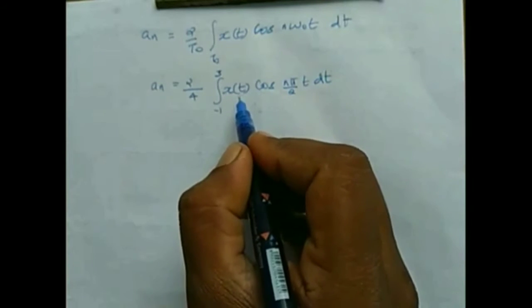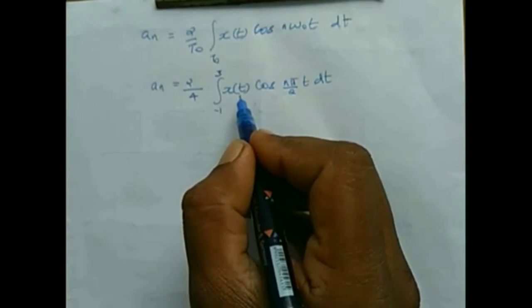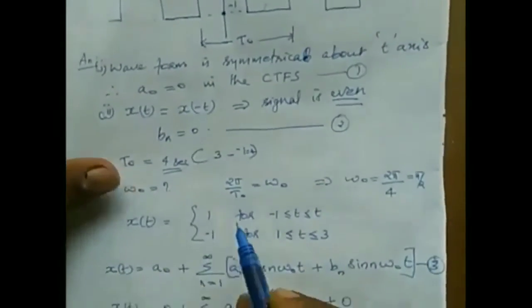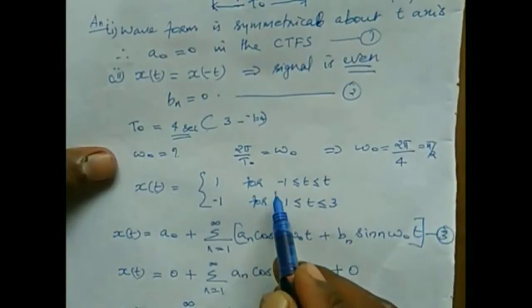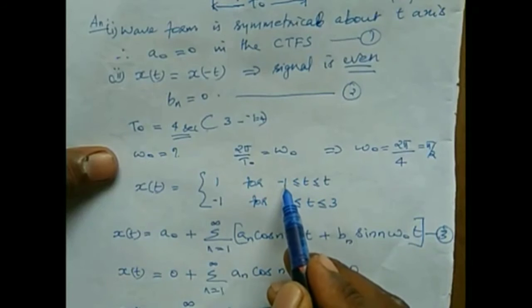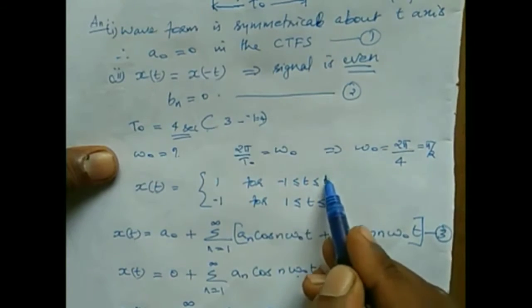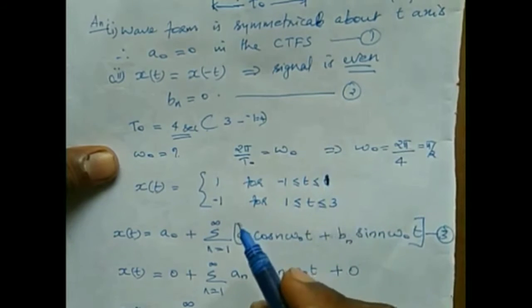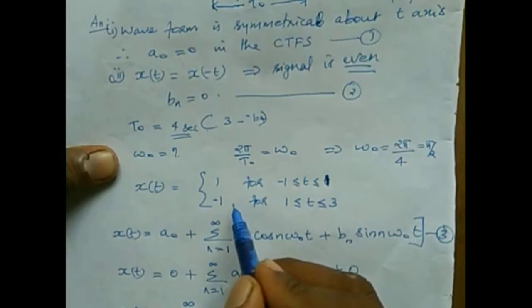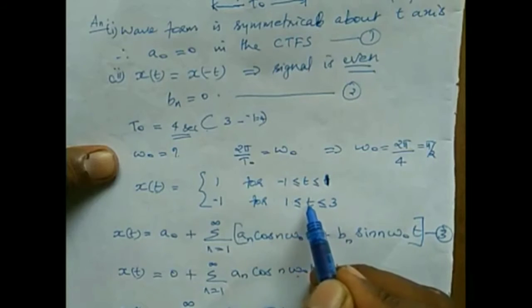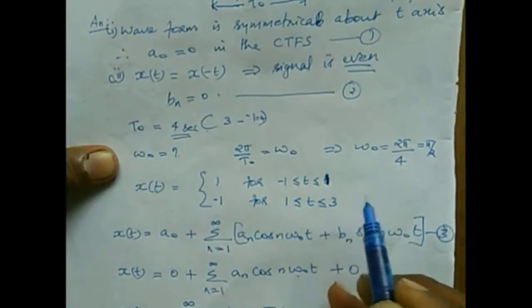Then let us split this x of t. What is x of t here? X of t is equal to 1 for the interval between -1 to 1, and that is equal to -1 for the time duration from 1 to 3.